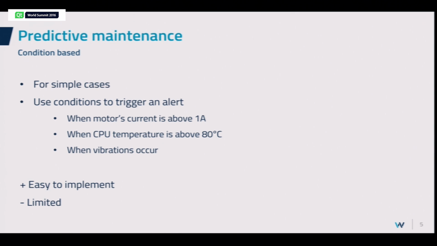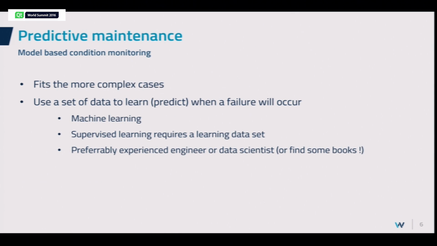And then there's the other case, which is the model-based condition monitoring, which fits a lot more complex cases. Actually, that's what NASA also uses for its launcher, so a bit more complex. The idea is that you will produce a data set, so you need information on the value of my sensor, and what state it corresponds to.